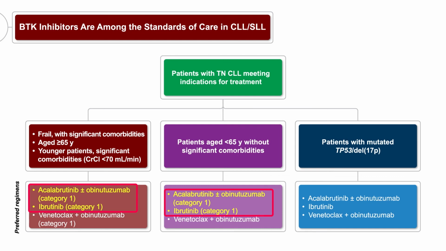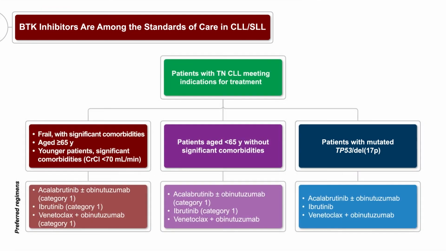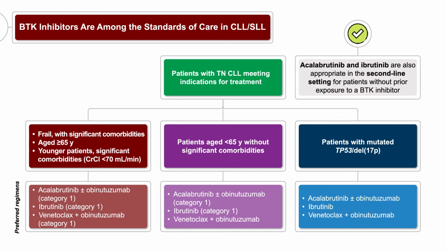Similarly, for those patients who have high-risk mutations such as p53 or deletion 17p, again, both acalabrutinib and ibrutinib are considered appropriate standards of care. For some patients who have not had prior exposure to a BTK inhibitor and have relapsed and are now requiring a second-line therapy, again, drugs like acalabrutinib and ibrutinib are considered appropriate in the second-line or relapse setting as well.